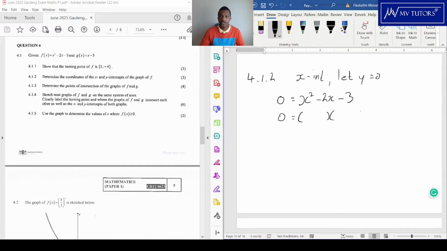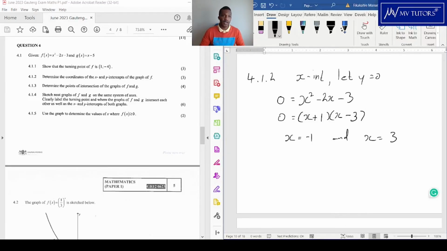Open 2 brackets, x, and then we're going to have factors of 3. It's 3 and 1. The bigger number has to be negative, because negative 3 plus 1 gives us minus 2. So x equals minus 1 and x equals positive 3.